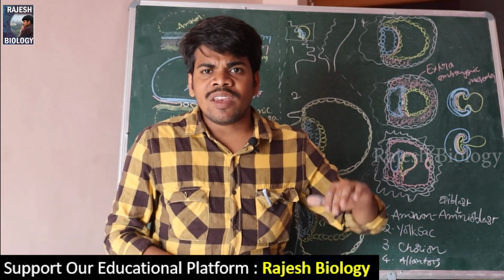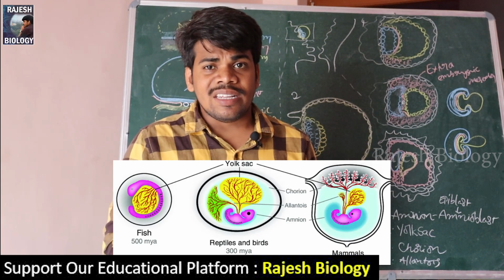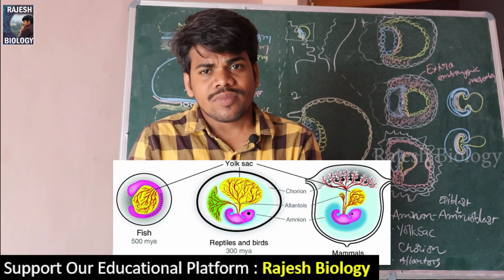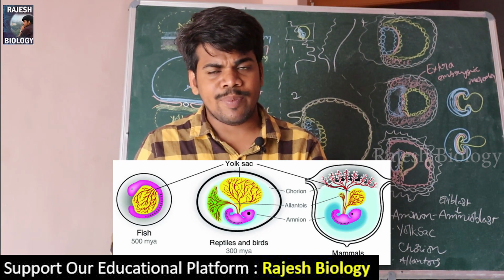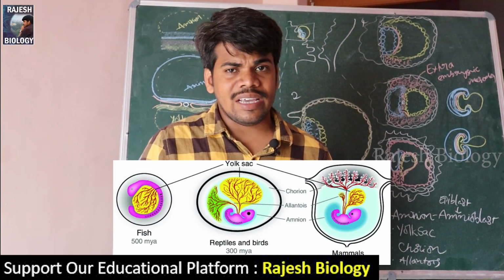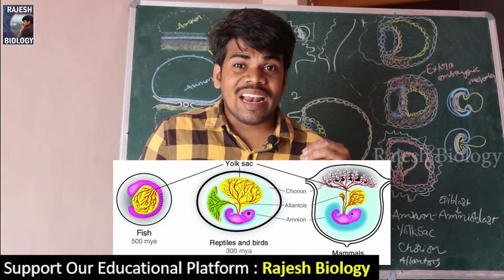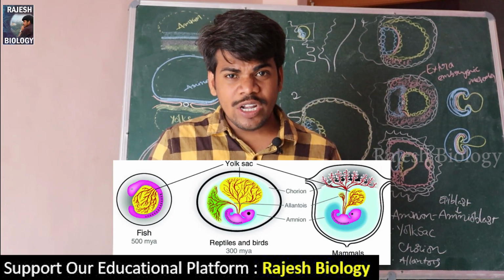You know, the yolk sac of the remaining organisms like birds or reptiles, and some mammals also, other than the monkeys and some apes, like the egg-laying mammals, is functional.